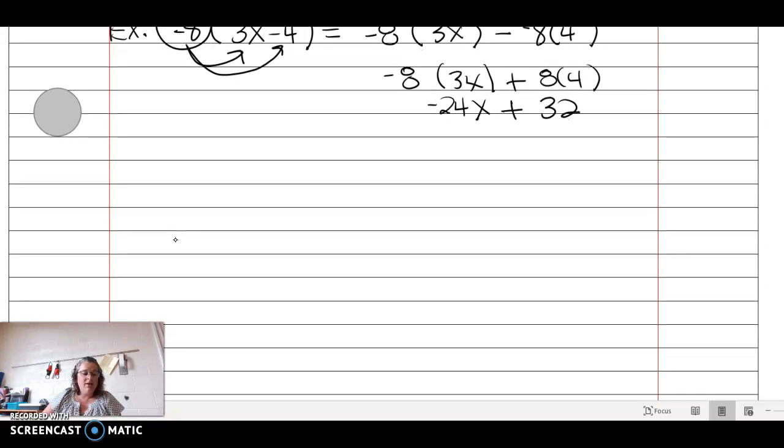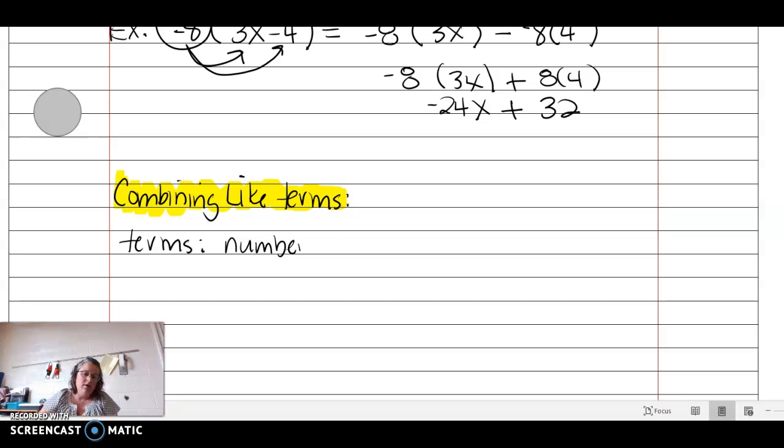Okay, so the next thing I want to talk about is combining like terms. And I would like to highlight that because we use this a lot too. In order to talk about combining like terms, let's look at terms first. I think we talked about it a little bit earlier, but it's a number, a variable, or the product of a number and variable.